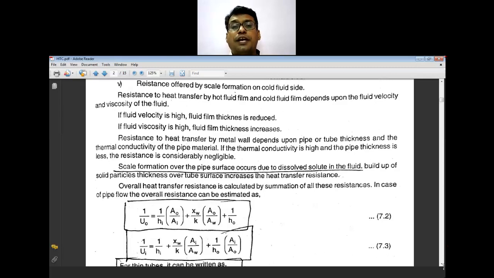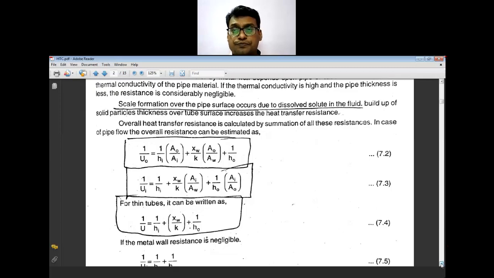Now, we will calculate the overall heat transfer resistance. This overall heat transfer resistance is based on U0, or U outside, and U inside. That is one way, or U overall can be considered.